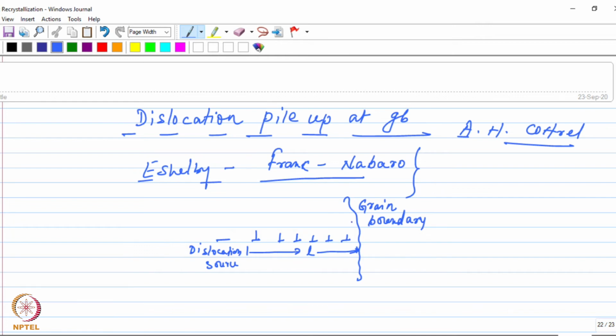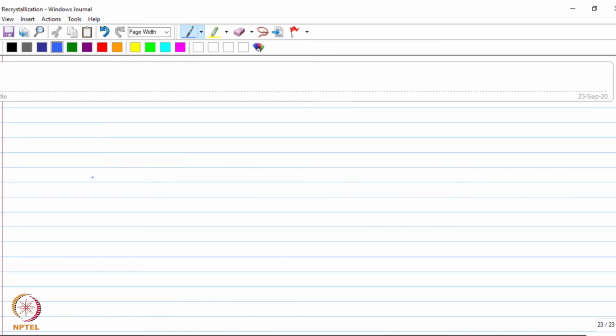So let's say there are n dislocations in the pile-up. And n can be given as follows.